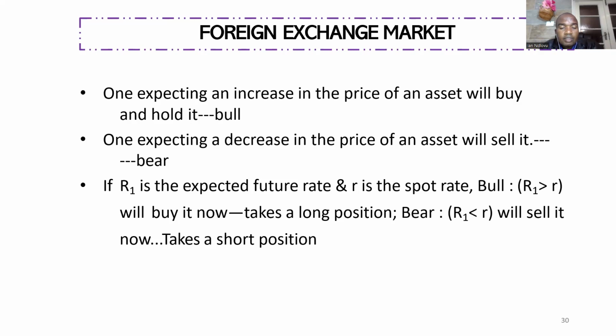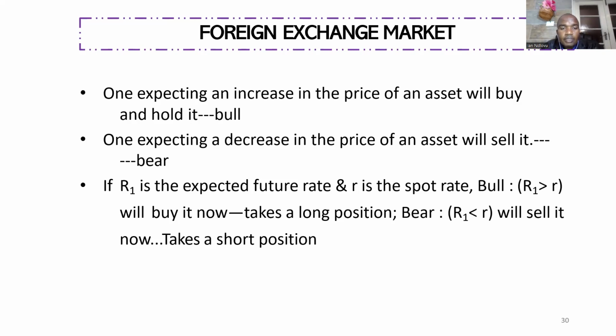But there are some foreign exchange market players or speculators who invest expecting a decrease in the price of an asset. One expecting a decrease in the price of an asset will sell it, whilst a person who expects the price of an asset to increase will buy and hold it.